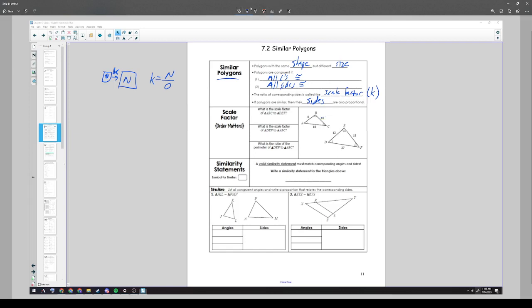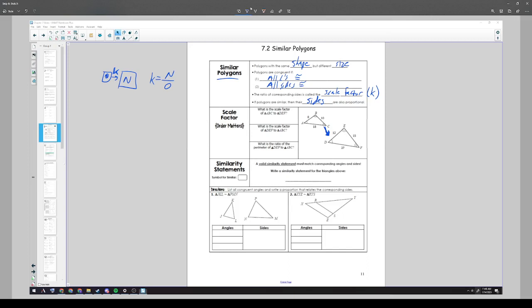All right, what is the scale factor from ABC to DEF? So if we're changing this shape into this one, we want to see what we are multiplying by to get from here to here. Since they're similar, all three sides are going to be the same ratio, so we really just need one of them. Again, we're going to take the new shape and divide by the old shape.